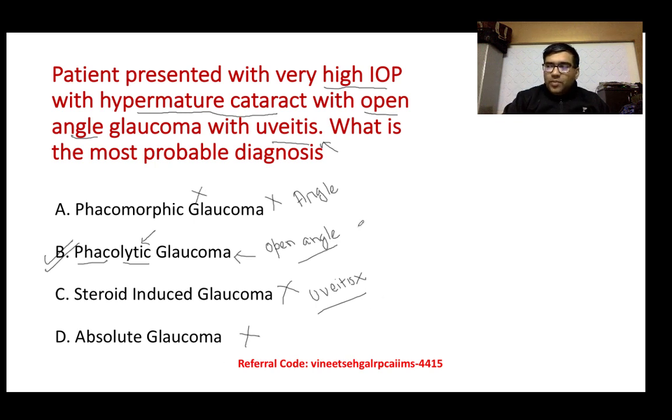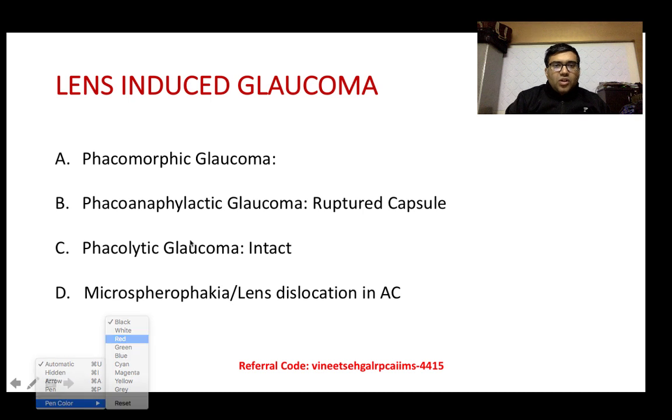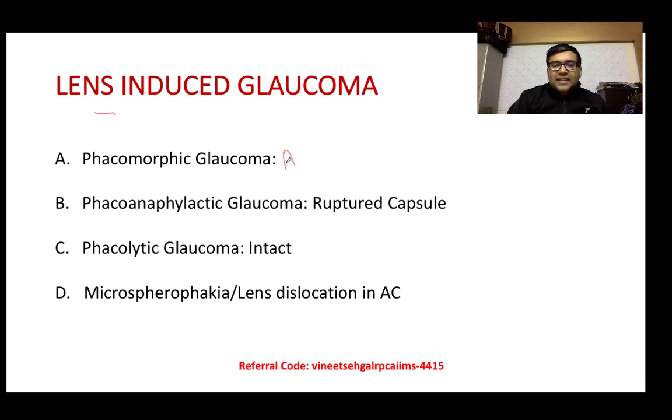So, a few important points regarding lens induced glaucoma. Remember, phacomorphic glaucoma is a secondary angle closure glaucoma. What happens is that your lens increases in size.